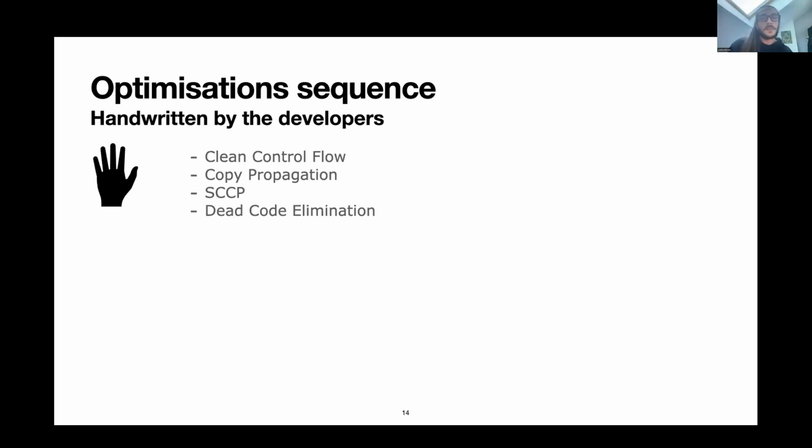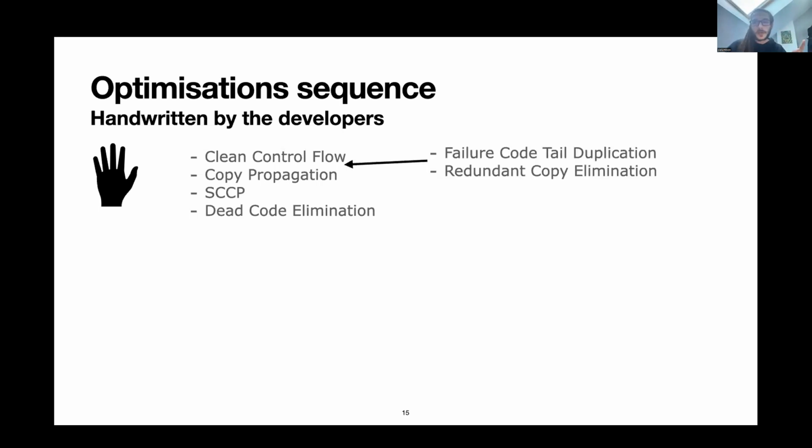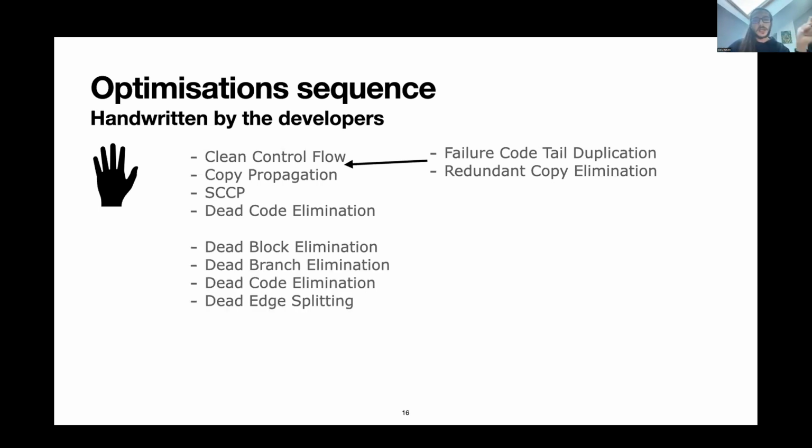It works. But as we start to support more primitives, we need to implement more optimizations. We can put them here, and then more primitives and more optimizations. And something that happened is that this list is the same for all the primitives, so we have only one sequence for all the primitives.